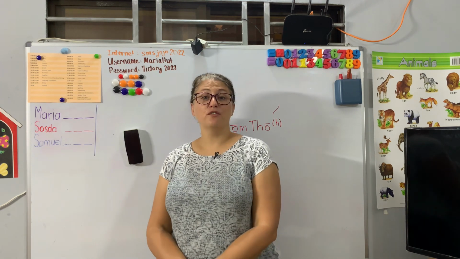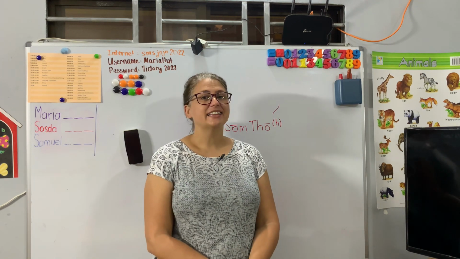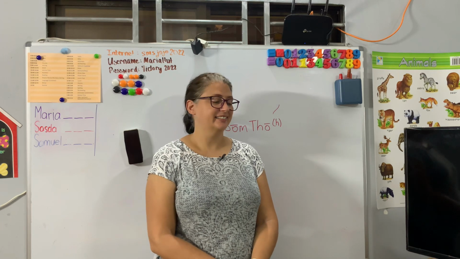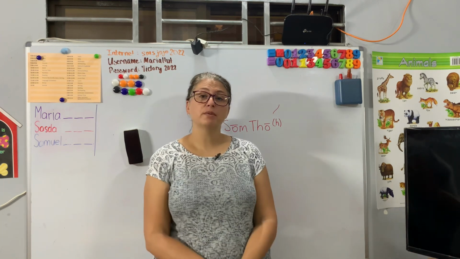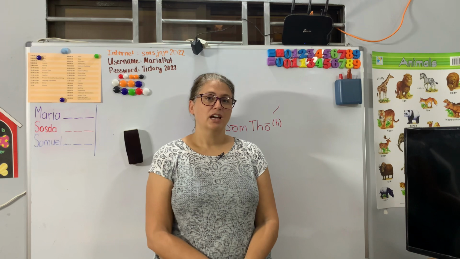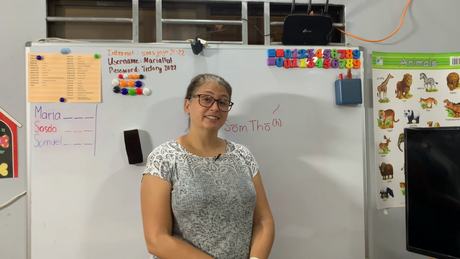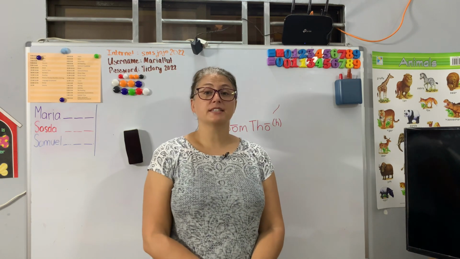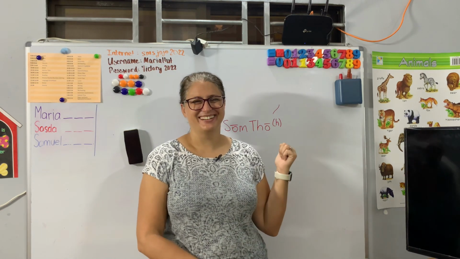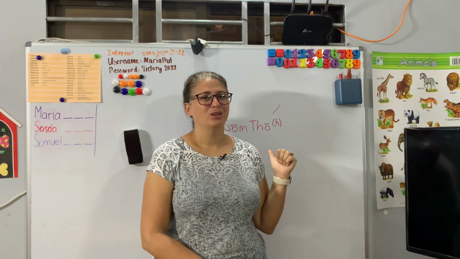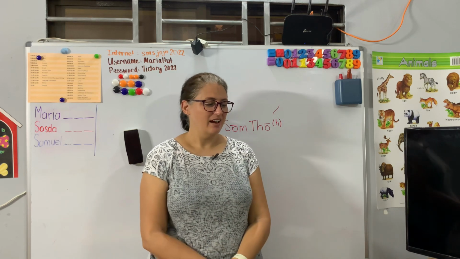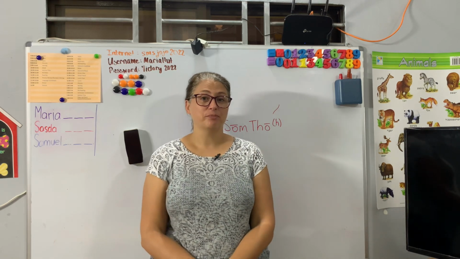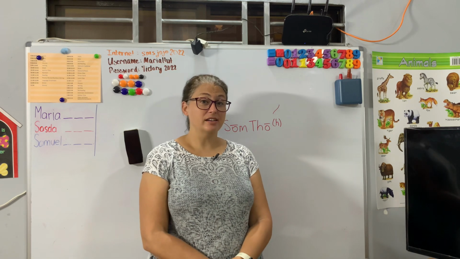What is the word for grandpa? Ta. That's correct. How do you ask somebody what their name is? Chmua ai. What about excuse me? Som toh. The number 3. Bay.